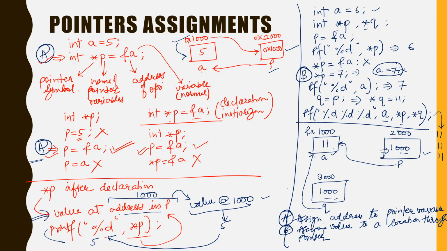And C was assigning a pointer to another pointer. This was our third type of assignment, where the address stored in a pointer variable is copied to another pointer variable. So this is how to do pointer assignments.